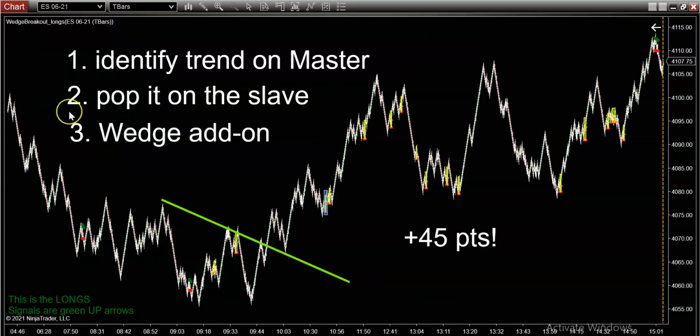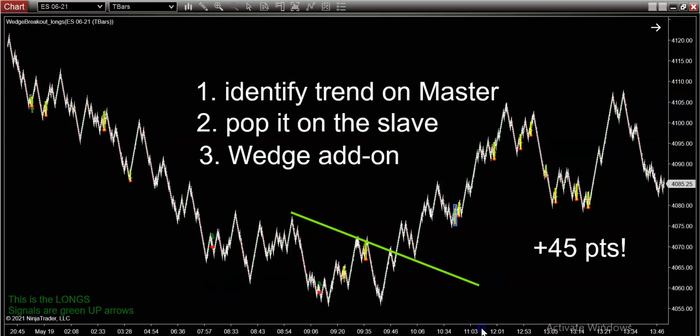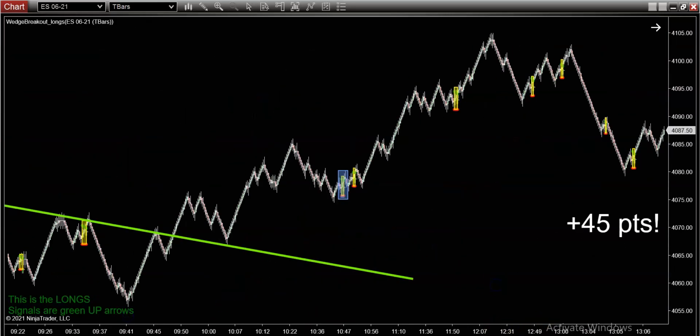Step number 2, pop that trend or trend line onto your slave chart. This is called confluence. This is called using external data sources to make sure everything lines up in the direction that you want to play. And if everything lines up exactly the way that you want it to, number 3, add the wedge to the chart.